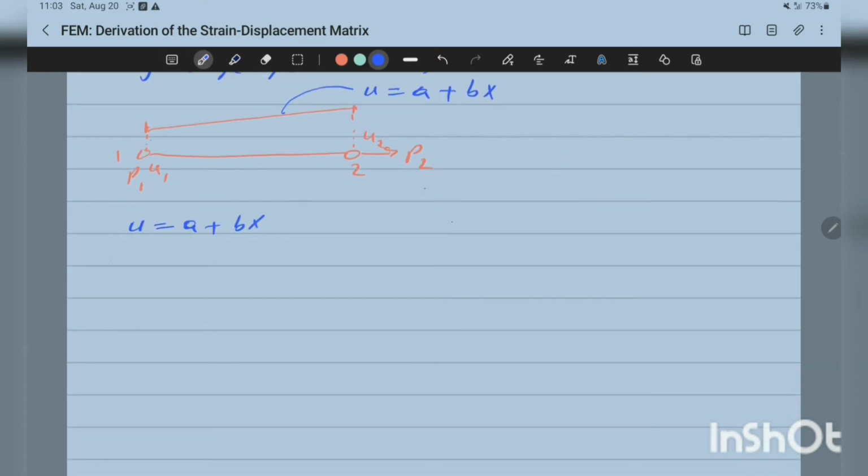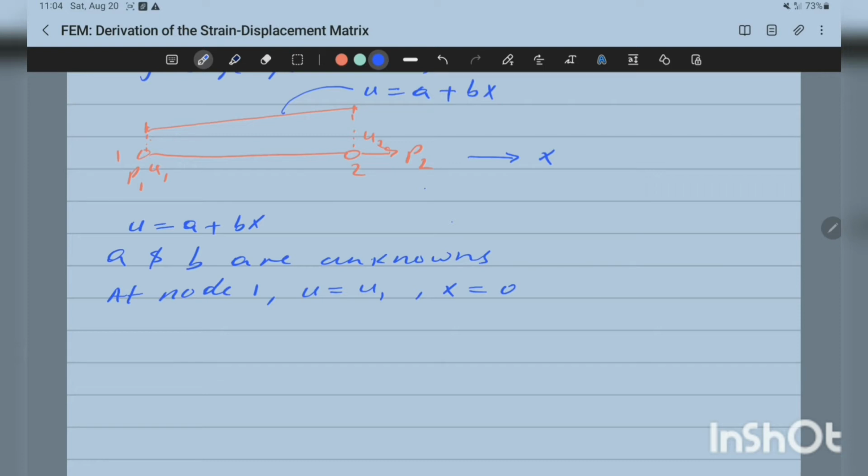Now a and b are unknowns along the line. So let's get the values of a and b by introducing the boundary conditions for this element. We shall have at node 1, u equals u1 and x equals 0, because x is the axis along the bar.